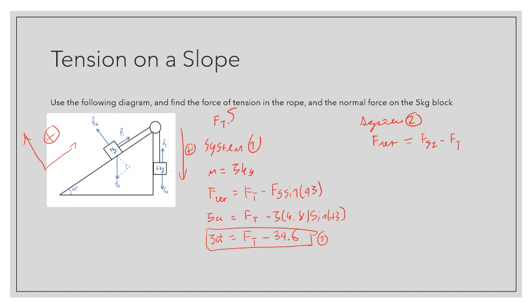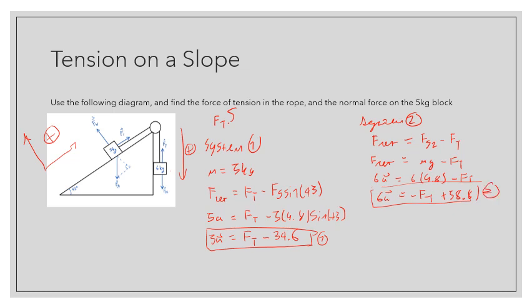So F net is equal to mg minus Ft. We know that the mass is equal to 6. So 6a is equal to 6 times 9.8 minus Ft. So 6a is equal to negative Ft plus 58.8. This is our second equation.